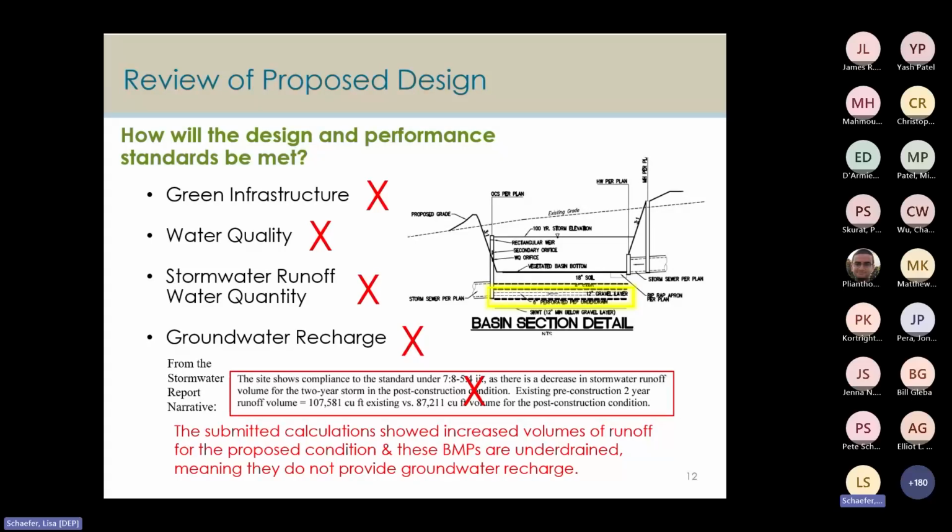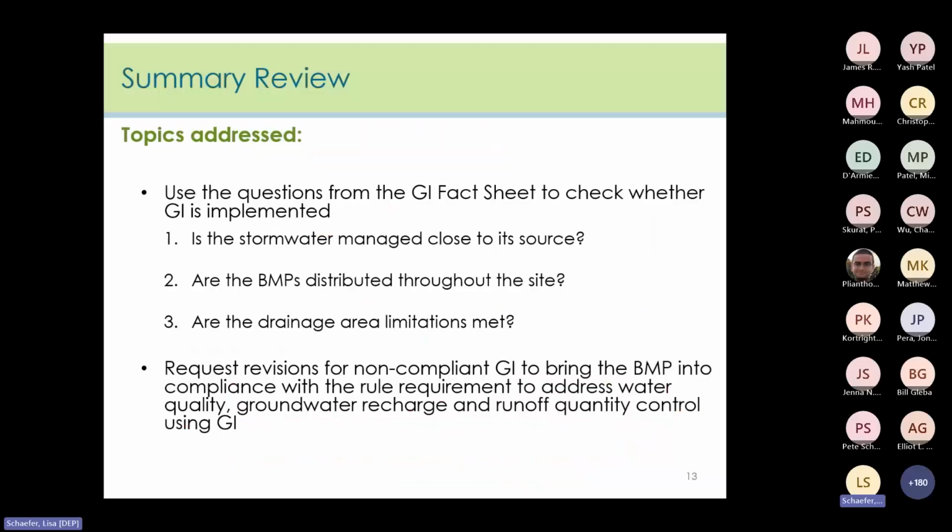So I'm just about done. Let's sum things up. All right. It's important to answer the 3 questions when you review a design to make sure that GI is properly implemented on site. So that means the GI BMPs are located close to the source of runoff, they're dispersed throughout the site, and that the drainage area limitations are met.